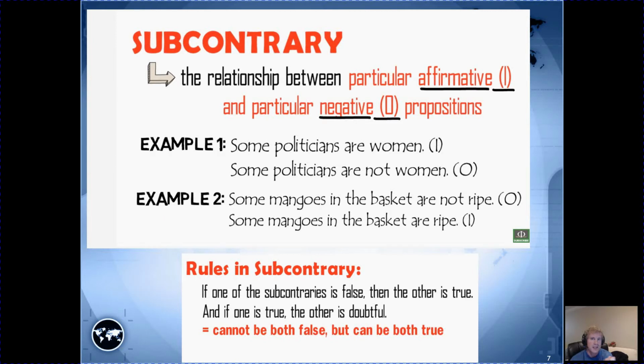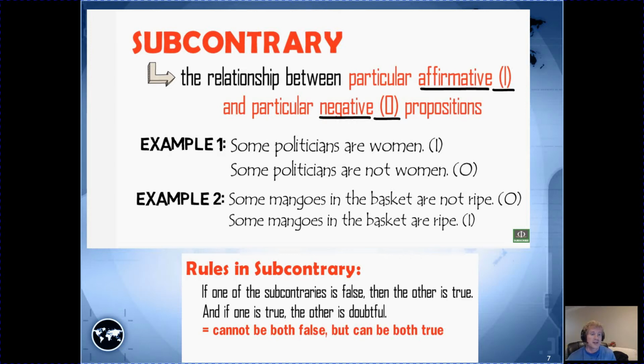So when it comes to some, it could be that all politicians are men, because they said some politicians are not women. But once you say that some politicians are women, then if you say all politicians are men, that's when you go back to the contrary and so forth. So that's where you see the sub-contrary. Okay? If we say that some politicians are women, then all politicians are men must be false.